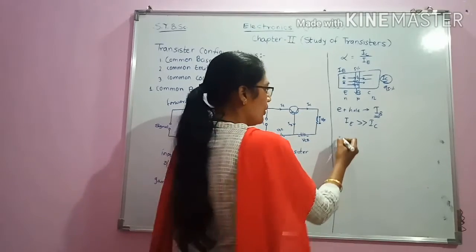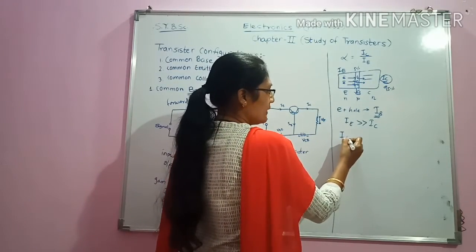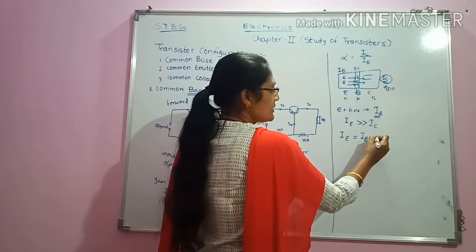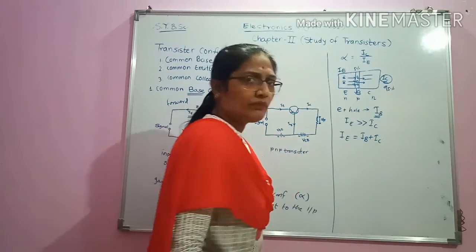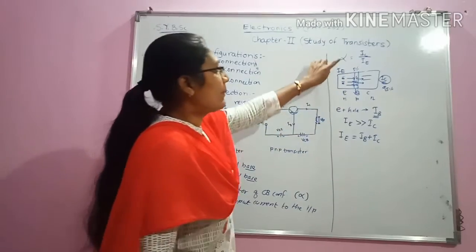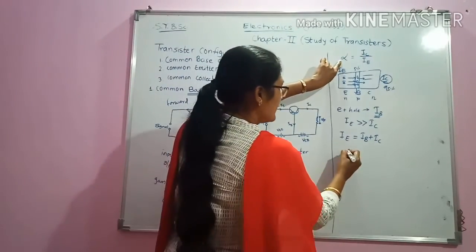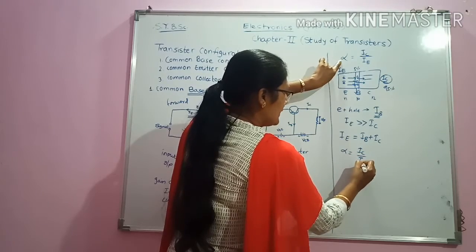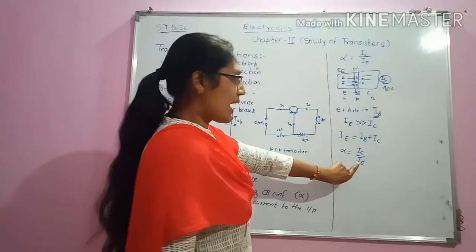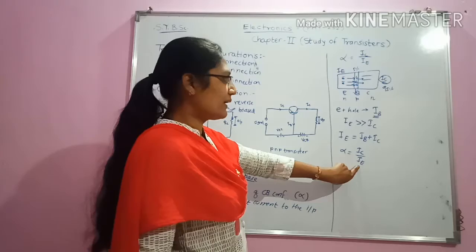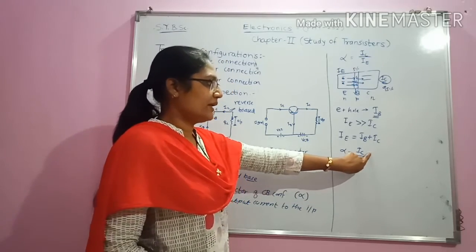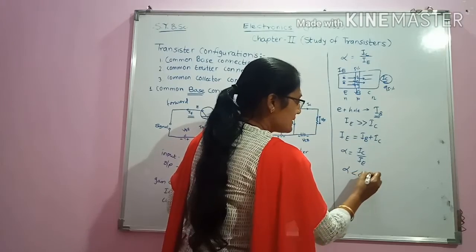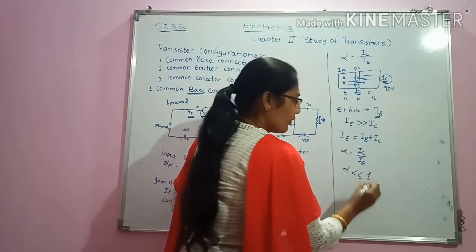Why is it so? Because just now we have seen that IE is nothing but IB plus IC. So if we apply this formula, alpha is equal to IC upon IE, then as IE is always greater than IC, this alpha will always be less than or equal to 1.